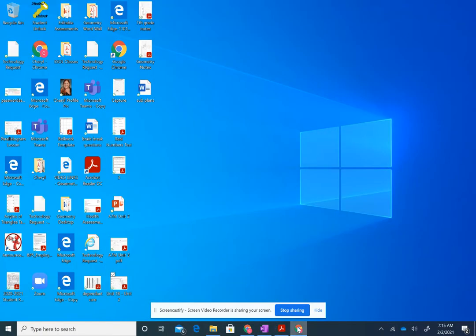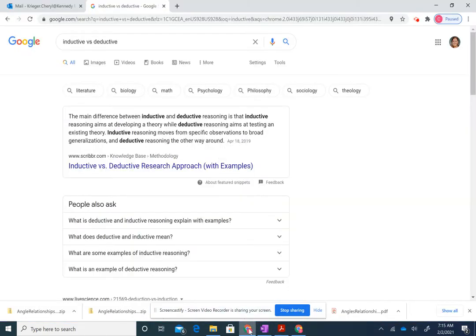The main difference between inductive and deductive reasoning is that inductive reasoning aims at developing a theory, while deductive reasoning aims at testing a theory. So inductive is reasoning where you make observations and then come up with your own theory, and deductive is where you have a theory, and then you prove it.